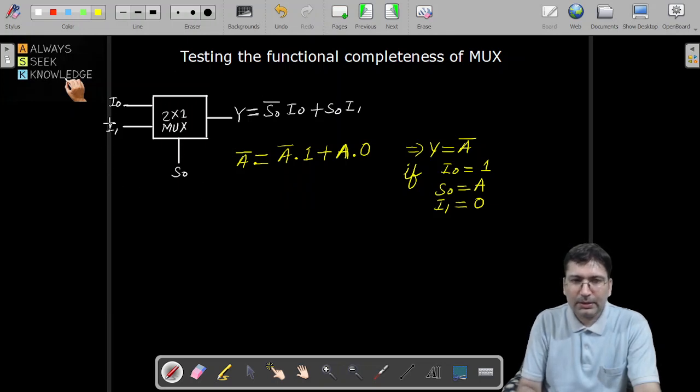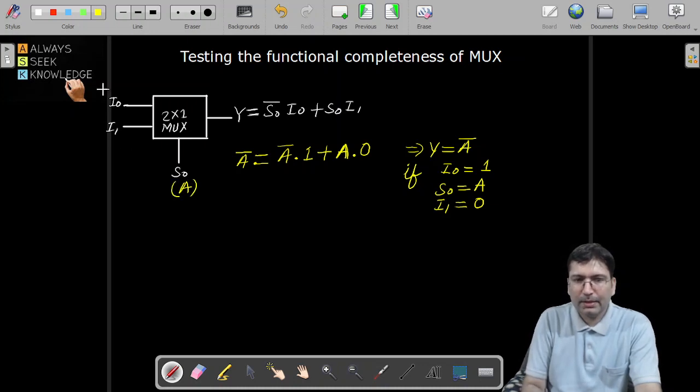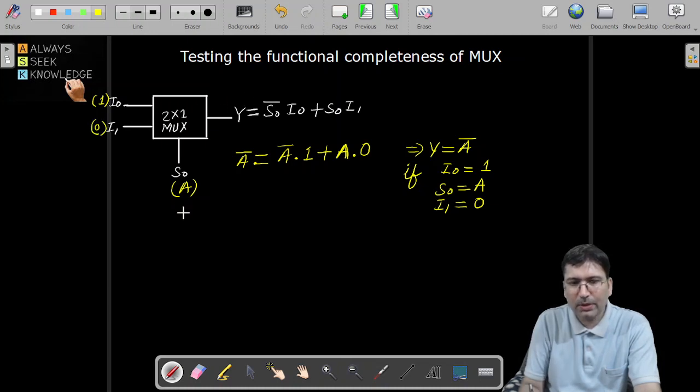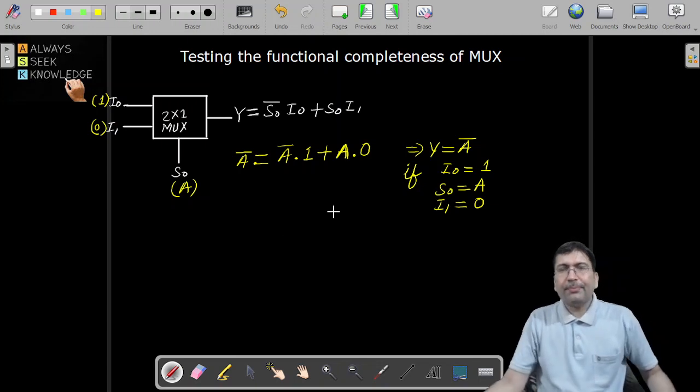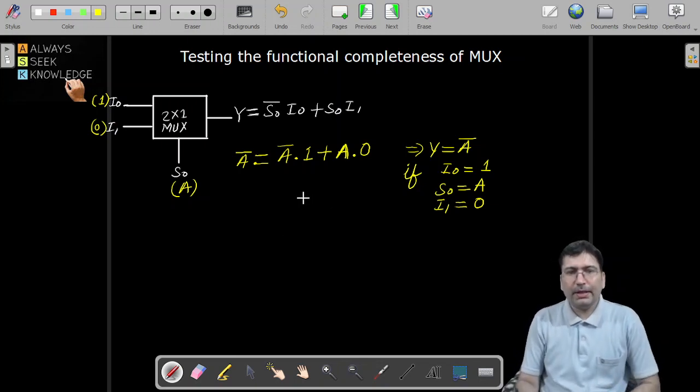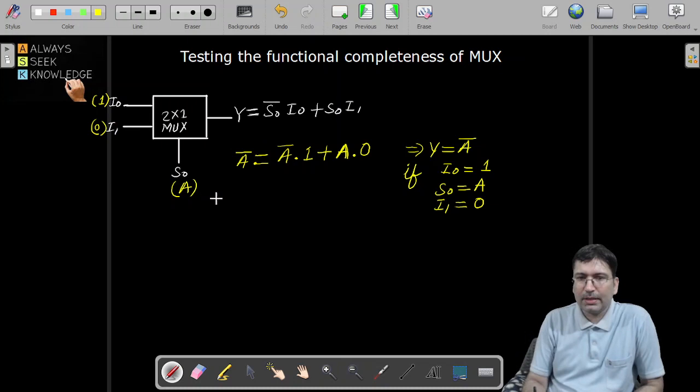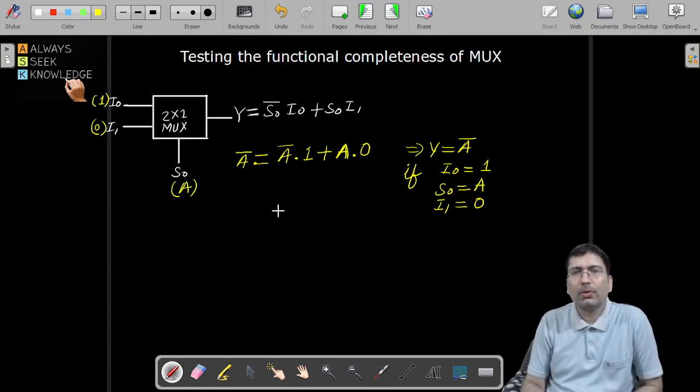So in this mux, if you are passing A here, and I0 you are passing as 1, and I1 you are passing as 0, in that case Y will give you A bar. So the multiplexer can generate the complement, there is no problem.